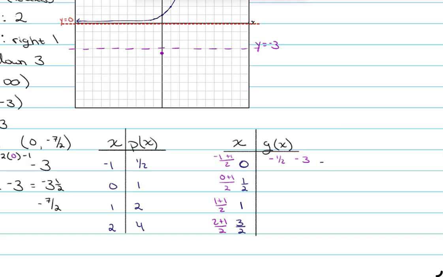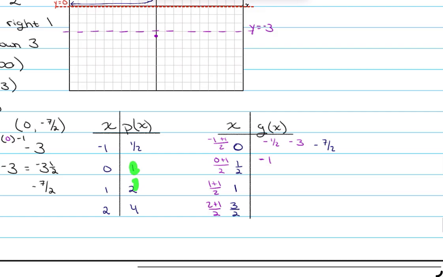Okay. We're going to do negative of the 1. I'm taking each point here. So then subtract 3. So that ends up being negative 4. We will take the 2, make it negative first, then subtract 3. So negative 2 minus 3 is negative 5. And then last but not least, we would take the negative of the 4 and then subtract 3. Again, you want to do the reflection first and then shift up or down. That gives you a negative 7.